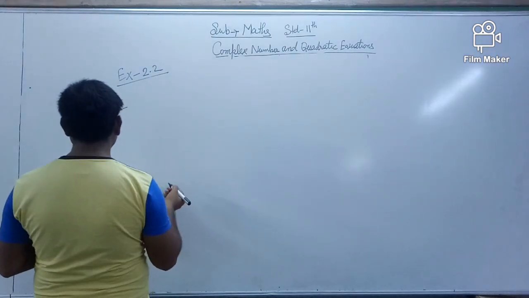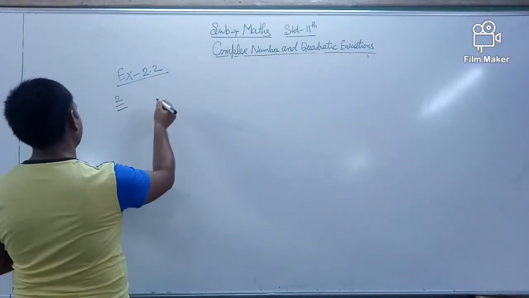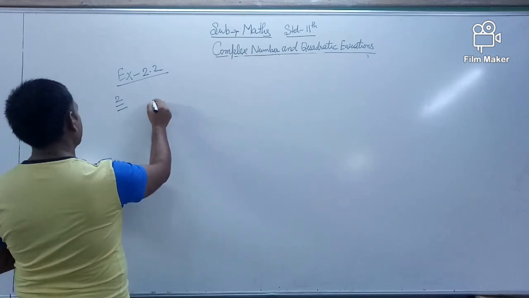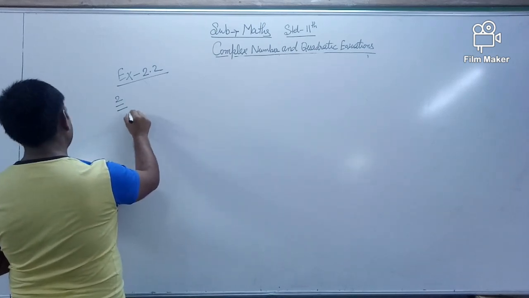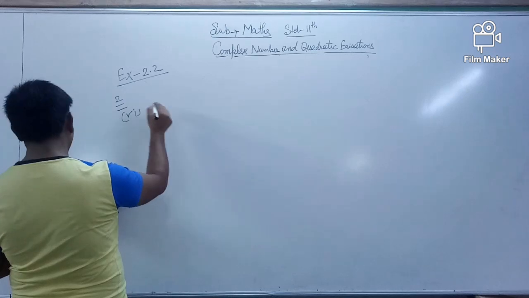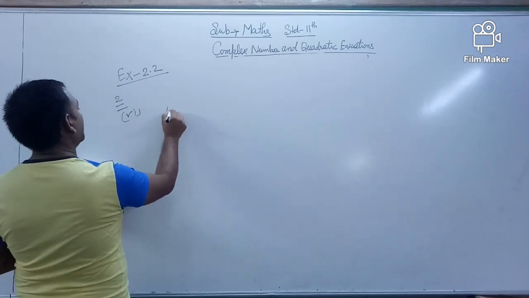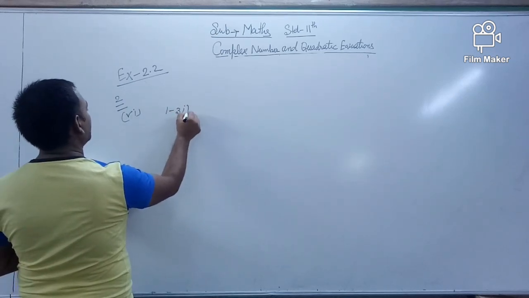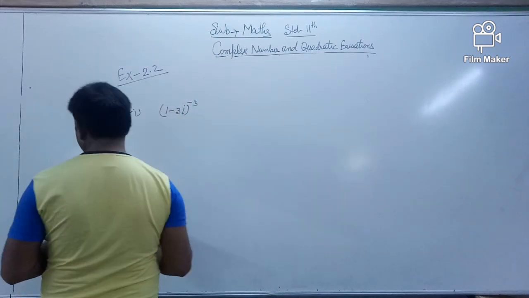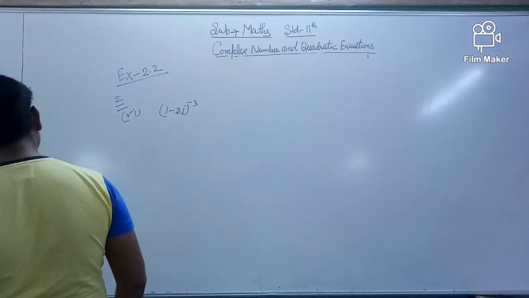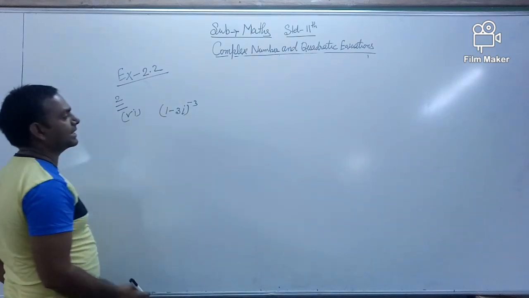Suppose the question given is (1 - 3i) to the power minus 3, and we just want to denote it in the form of a + ib.